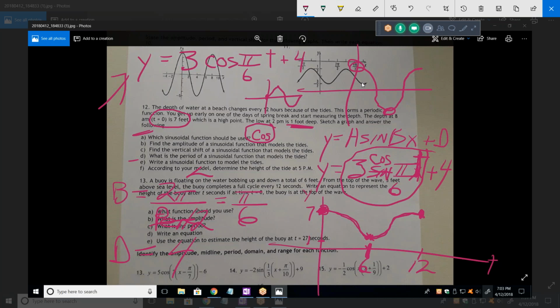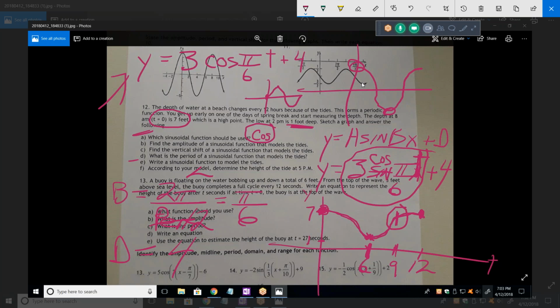So what's the number of hours between 8 a.m. and 5 p.m.? 9. Yeah. So they want to know this value right there at 9 hours.